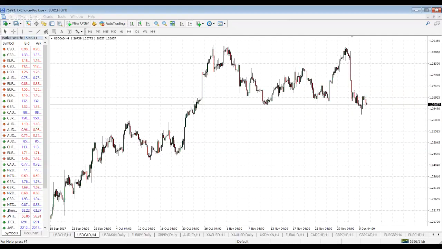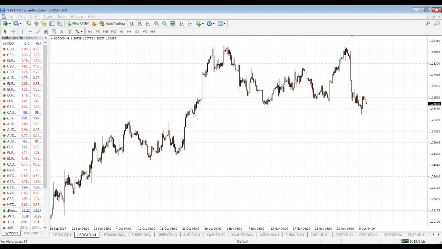Now, again, what was the entry? The entry was around 1.27250. As you can see, price has already surpassed that, but we're going to use this for training purposes. So let's act like price was actually still at 1.27.